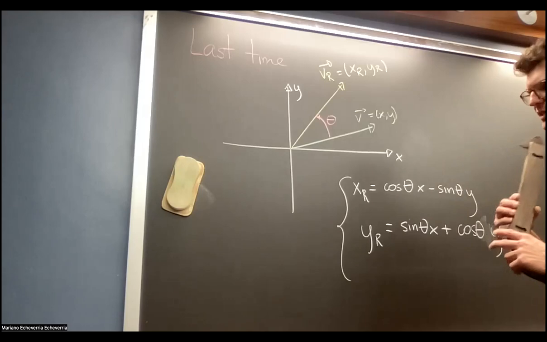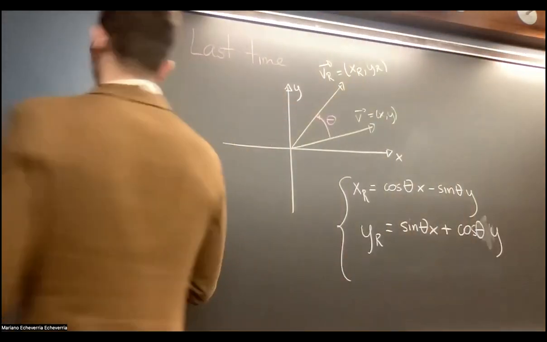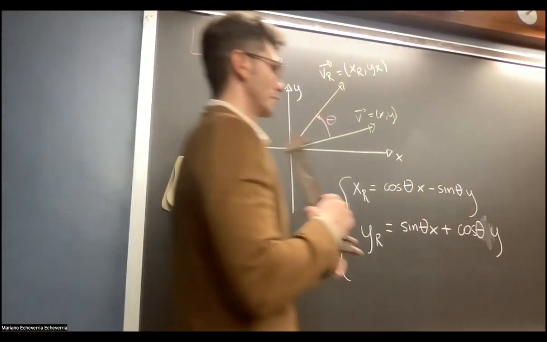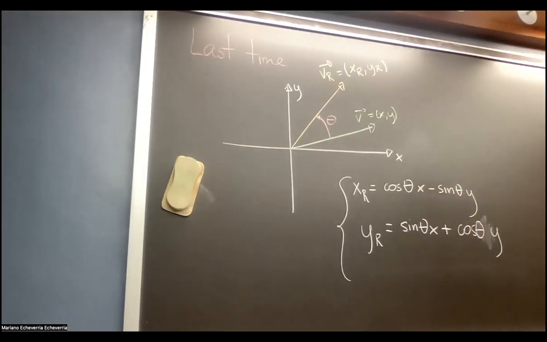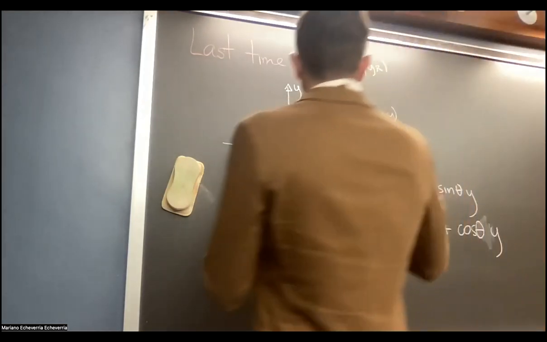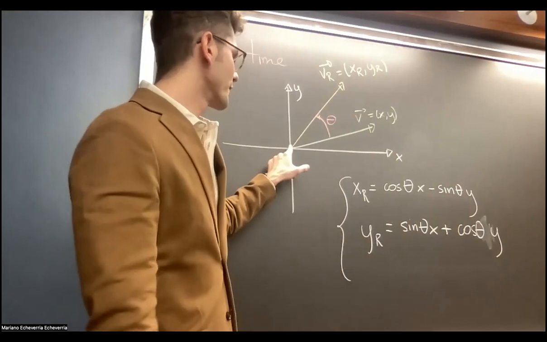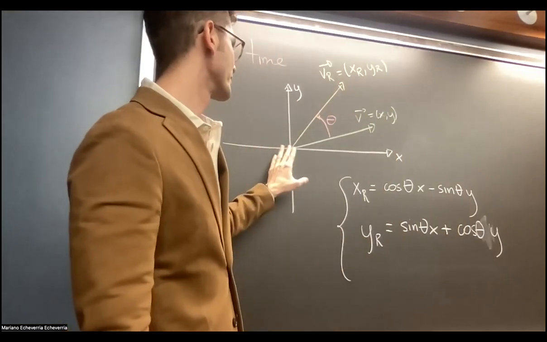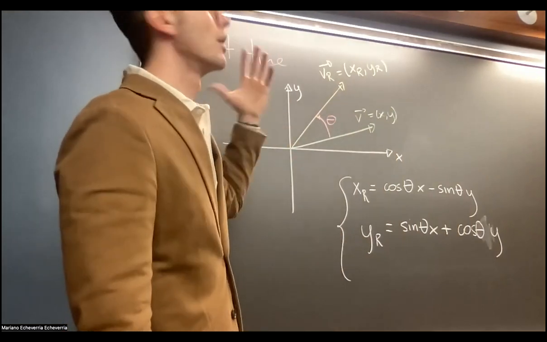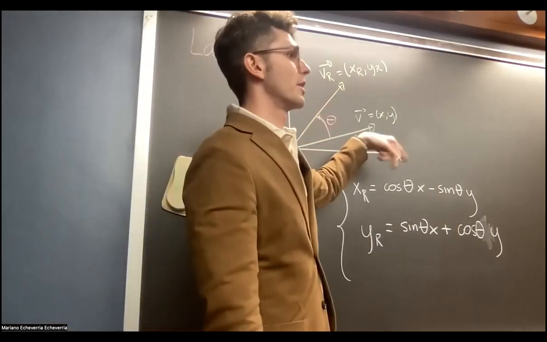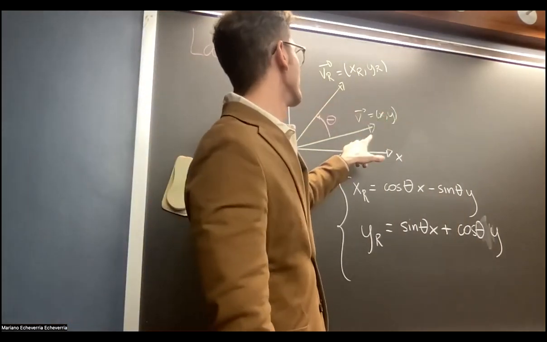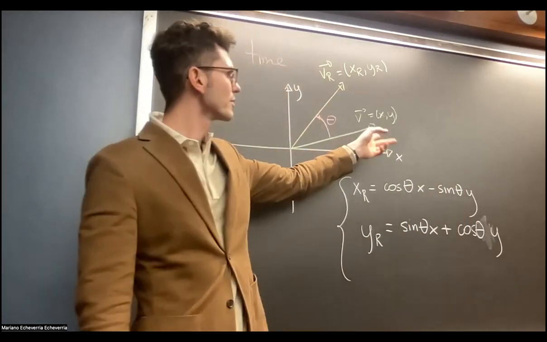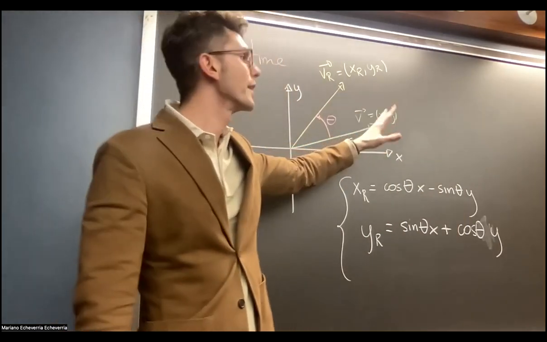So let me remind you of the last thing I wrote last week. If you have a vector, which for us is always drawn at the origin, then since it starts at the origin, wherever it ends is how we refer to it. In this example, the green vector finishes at the point x comma y.